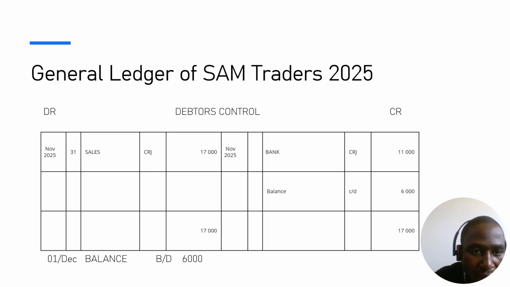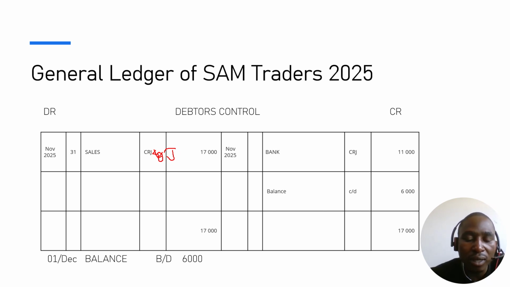This is a mistake. Here it should be debtors journal. Sales from the debtors journal. So on folio, it was supposed to be DJ, debtors journal. And we have 17,000.